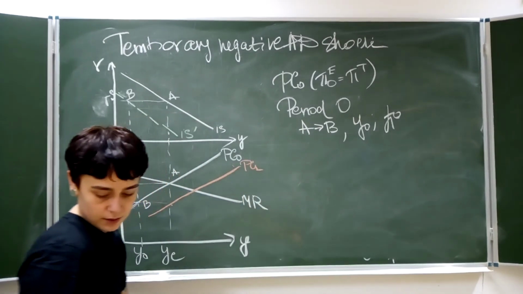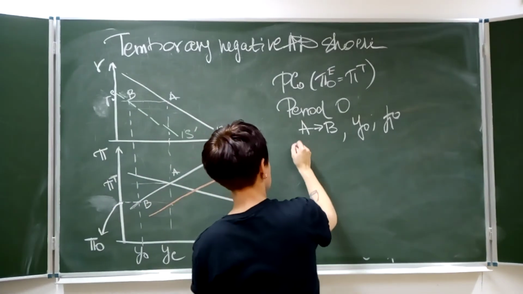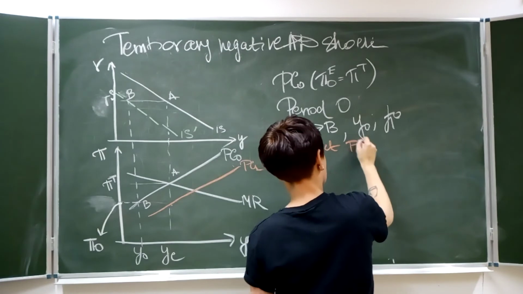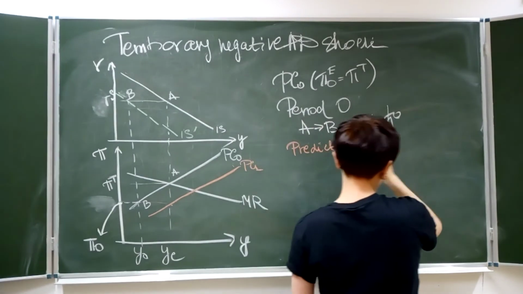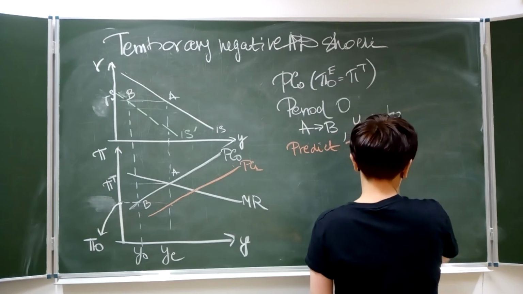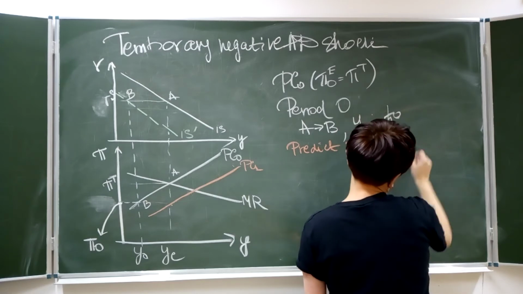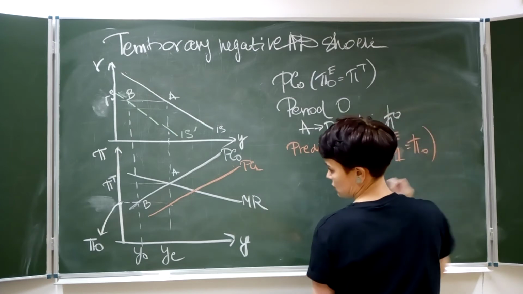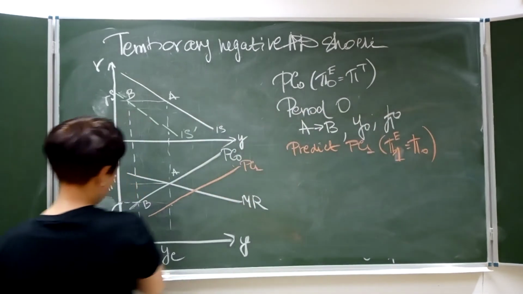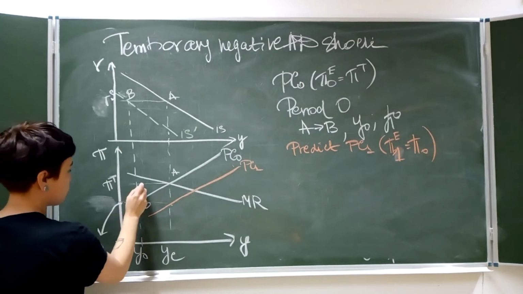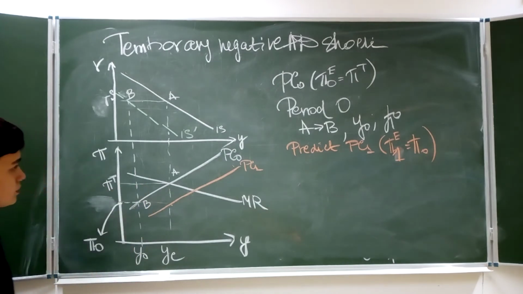So we predict Phillips curve in period 1. And for Phillips curve in period 1, expected rate of inflation will be equal to inflation in period 0. In period 0, inflation decreased in comparison to what was initially in equilibrium.